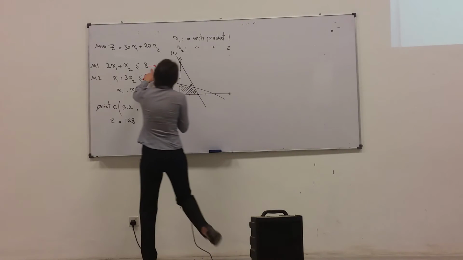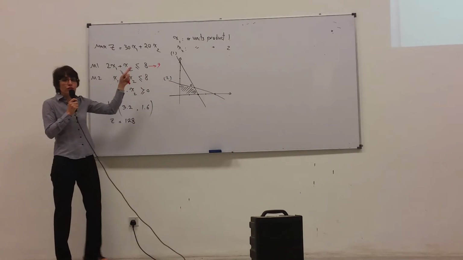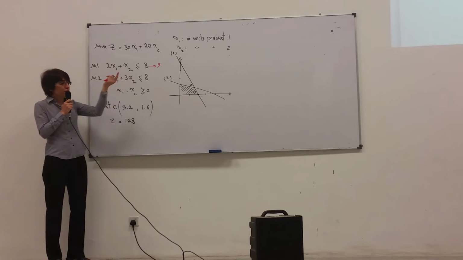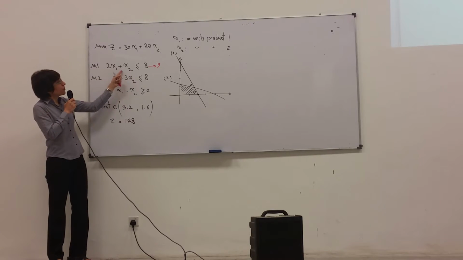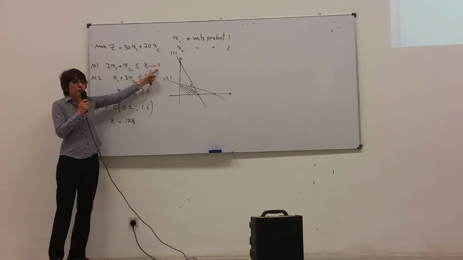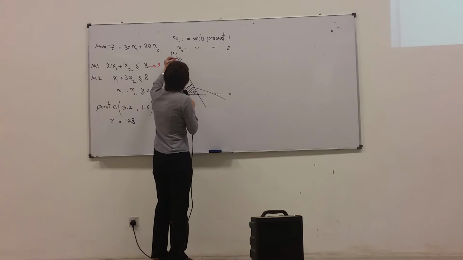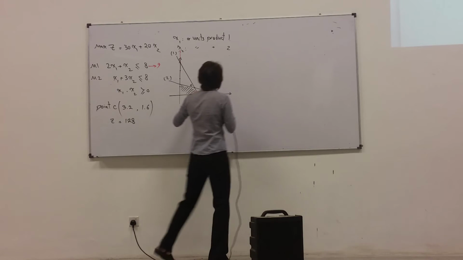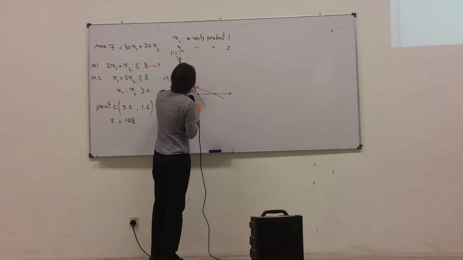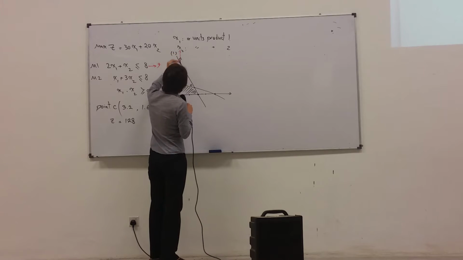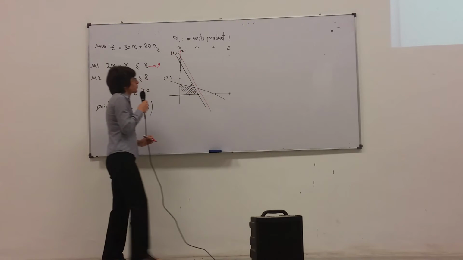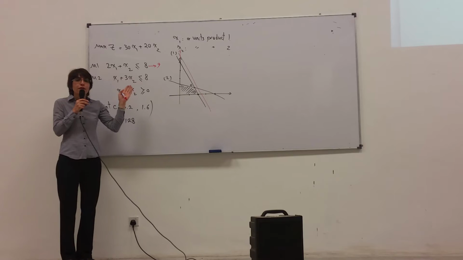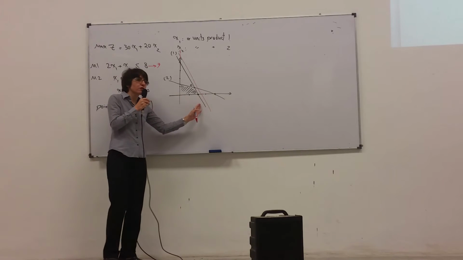What happens if we change 8 to 9? On the graph you should sketch the new line. The new line is 2x1 plus x2 equal to 9. If you sketch this one, you have a line parallel with the previous one.